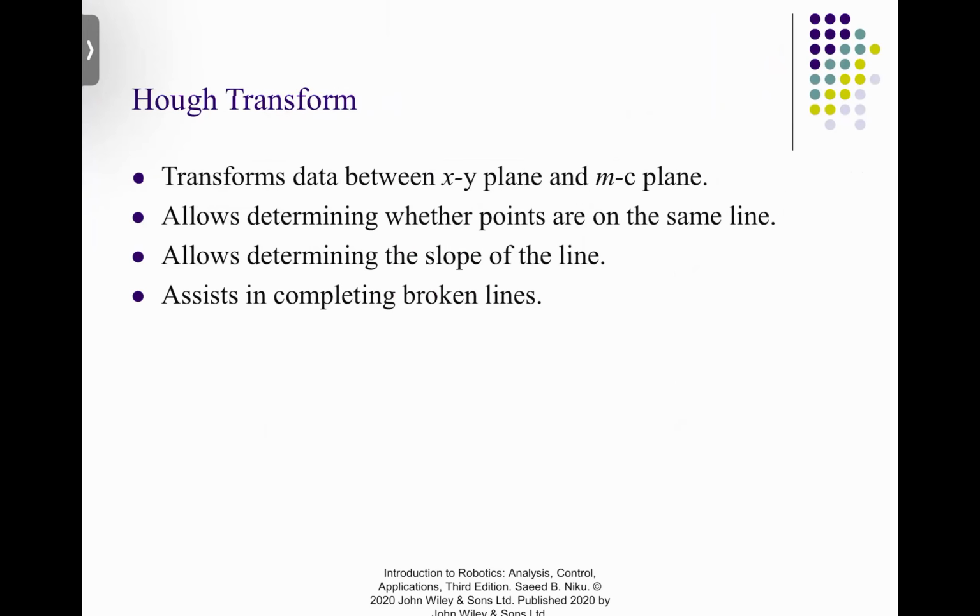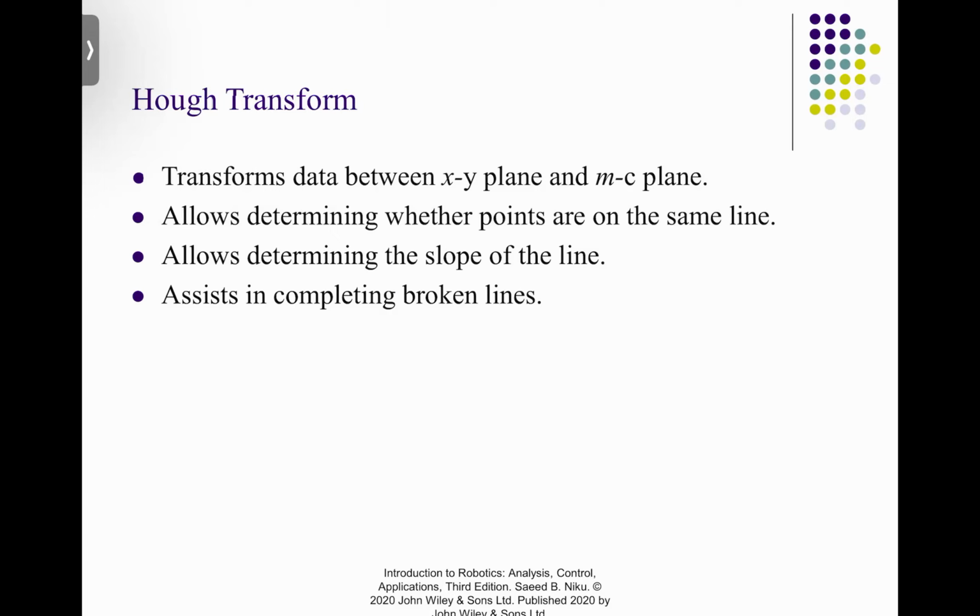Now, this is very important: the Hough transform. This transform is basically taking the data in the XY plane and transferring that into something called the MC plane. Because understand, the equation of the line is y equals mx plus c. So every data point expressed in x and y can be expressed in the slope and y-intercept plane.